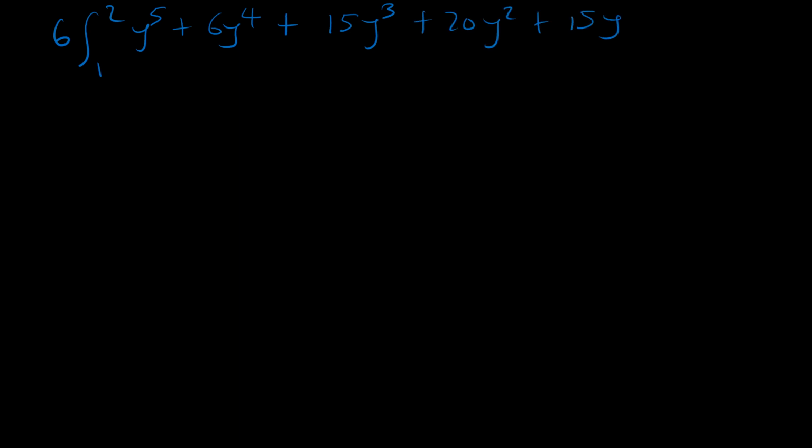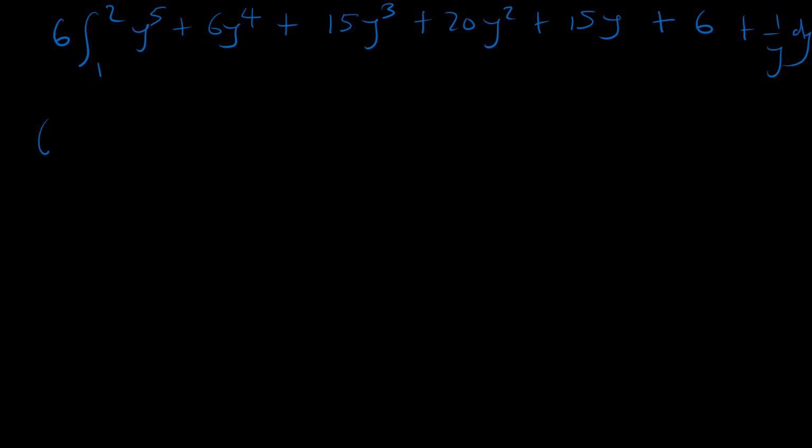We said we had 6 times the integral from 1 to 2 of y to the 5 plus 6 y to the 4 plus 15 y to the 3 plus 20 y to the 2 plus 15 y plus 6 plus 1 over y, dy.